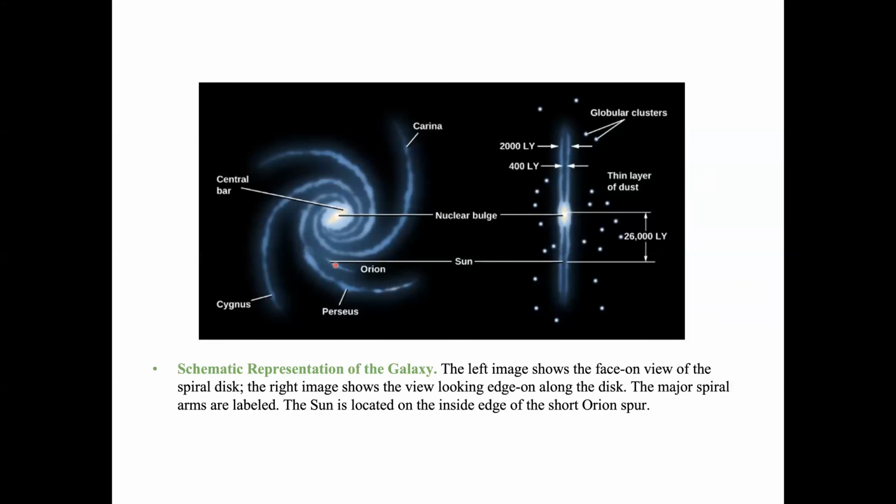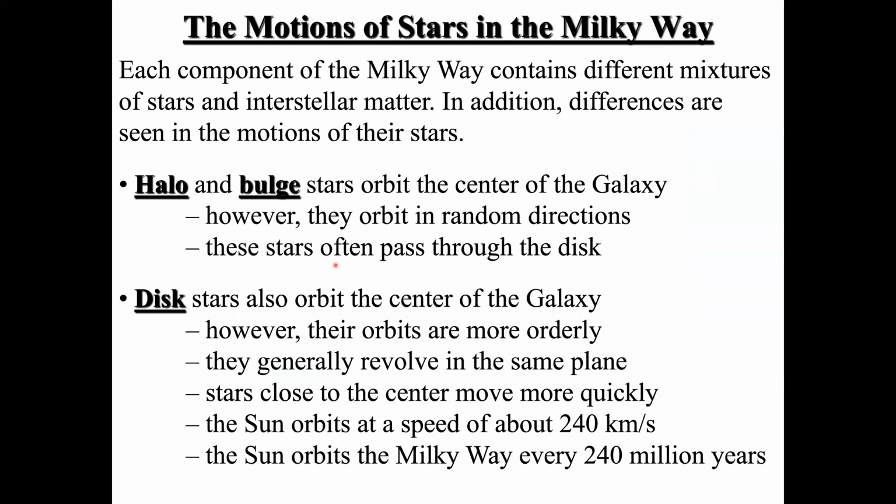And if you look at the motions of stars in these different regions, we have the disk, bulge, and halo. There are three main components of our own galaxy. The stars inside the halo and bulge are rotating or moving in random directions.